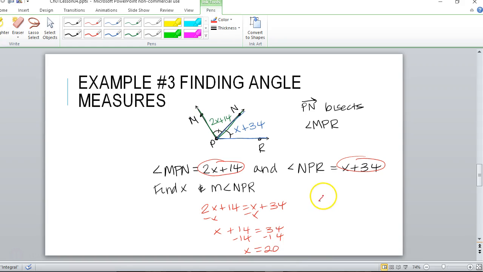They also wanted the measure of, that little m means measure, the measure of angle NPR. So I will plug 20 back into the expression for NPR, and that tells me that angle NPR is 54 degrees, which means also MPN is 54 degrees. And you could also tell me MPR is 54 plus 54, or 108 degrees.